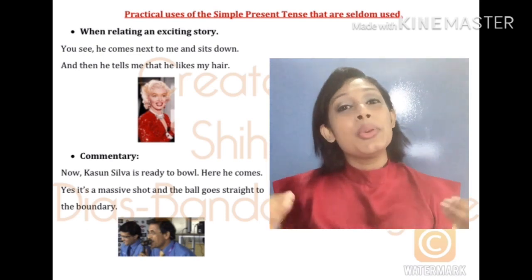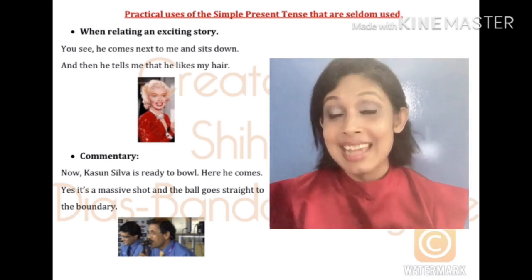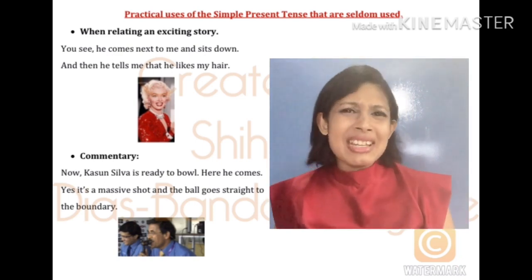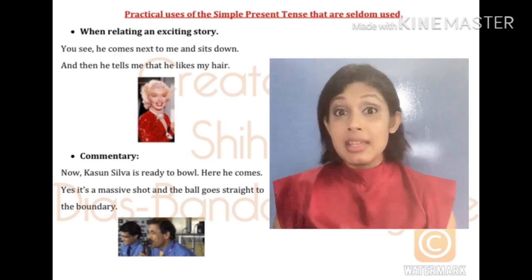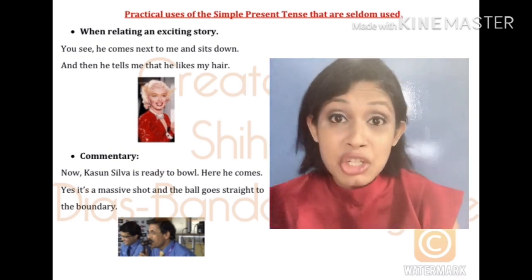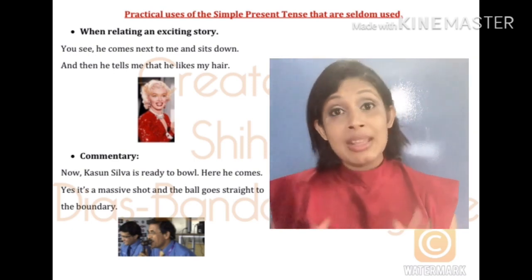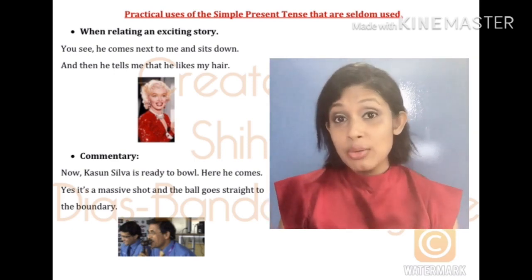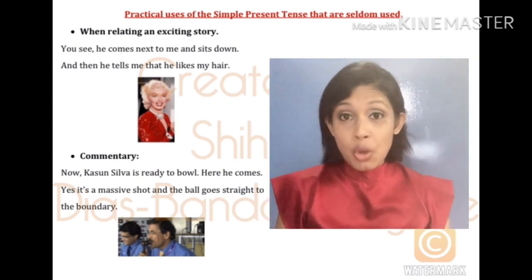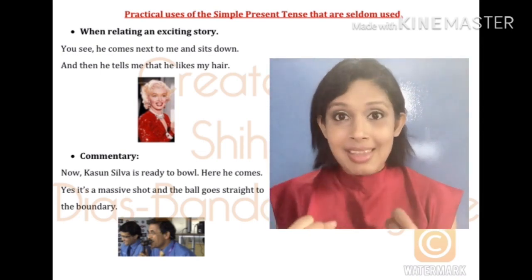So we do use this simple present tense during these instances as well, although theoretically it doesn't seem right, because theoretically we'll have to use the present continuous tense if we are retelling a story that's happening now. In the first instance we should use the simple past tense, but no, we use the simple present tense because we are so excited.